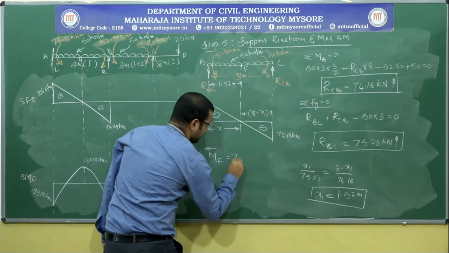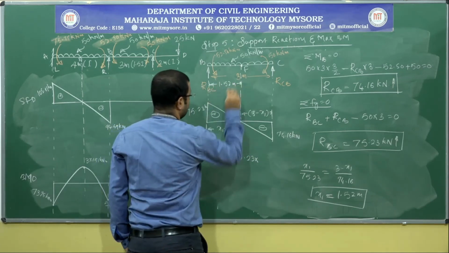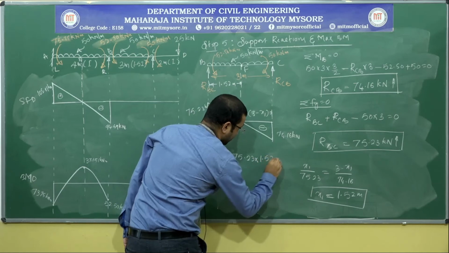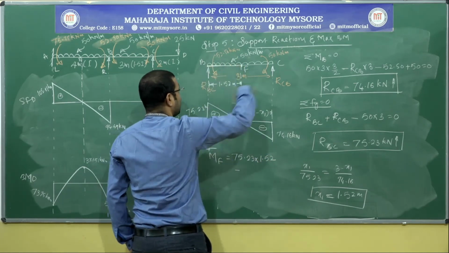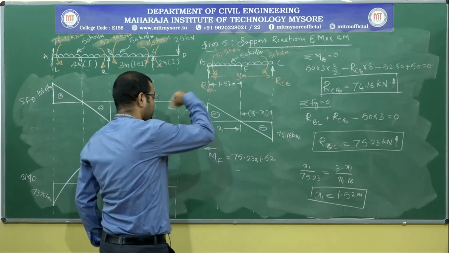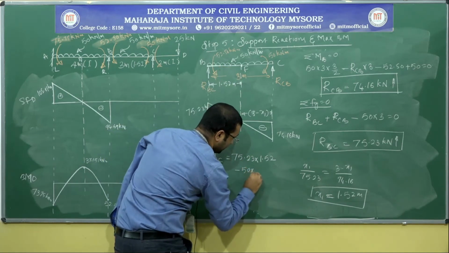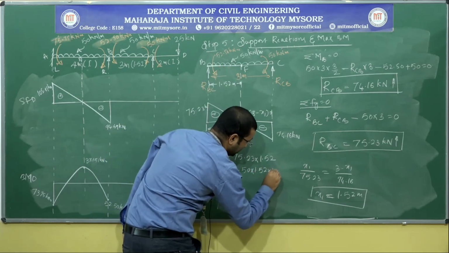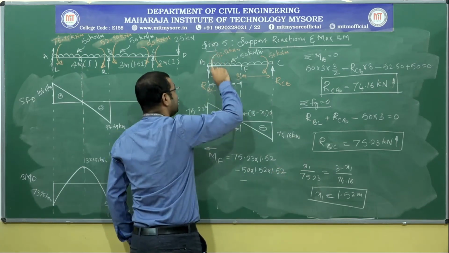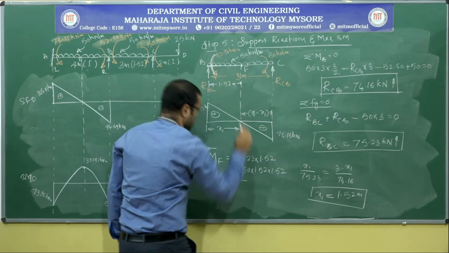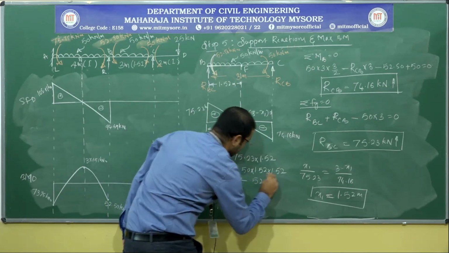RBC value is 75.23 into this distance, 1.52, minus the UDL on this portion, which is creating an anticlockwise moment. So left side anticlockwise is negative. So it is 50 into 1.52 into 1.52, minus we have this anticlockwise moment, so it is minus 52.50.